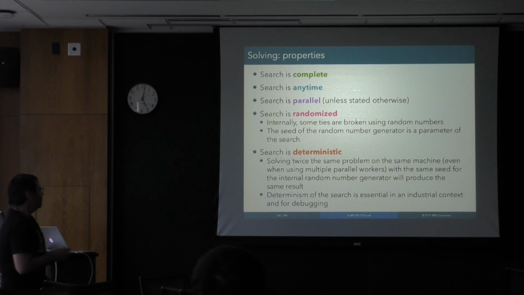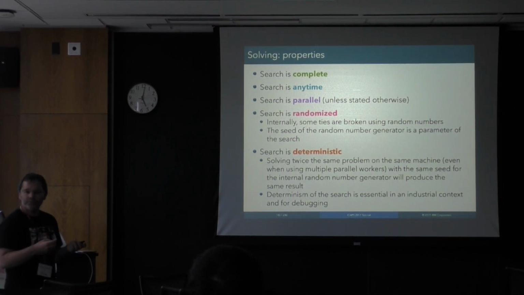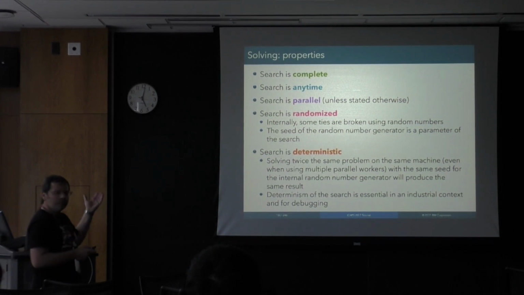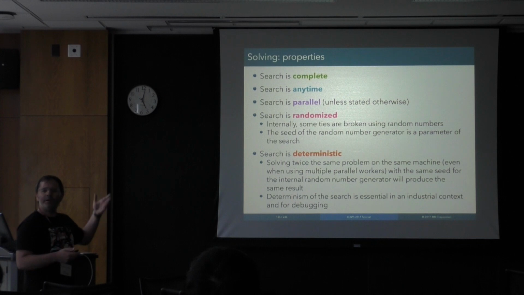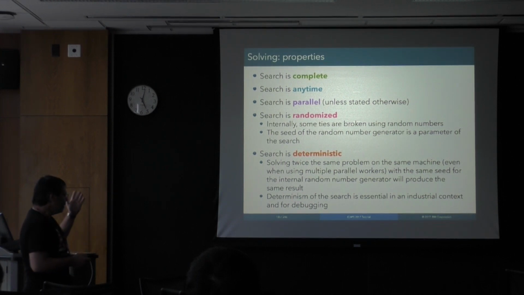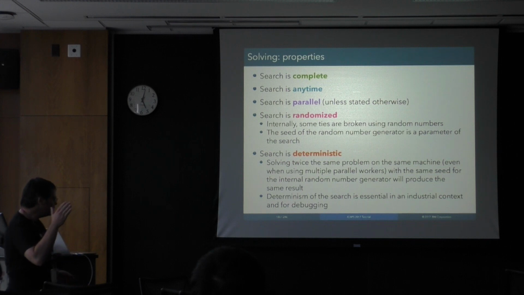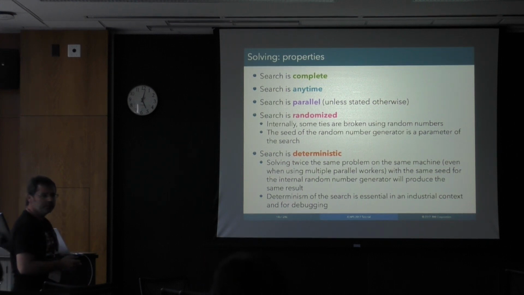The search uses a random generator to break some ties, and the seed of the random generator is a parameter, so you can change it if you want. Why is there a seed? Because in spite of being randomized, the search is deterministic. So if you solve the same problem twice on the same machine, even if you're using multiple workers and parallelism, it will always produce the same solution in the end.